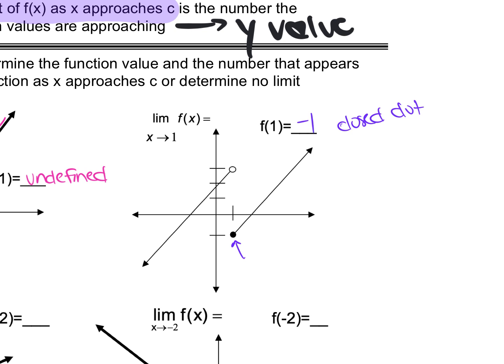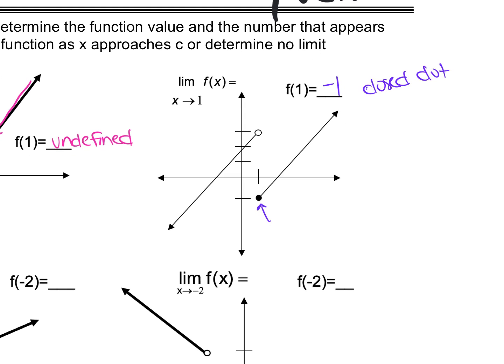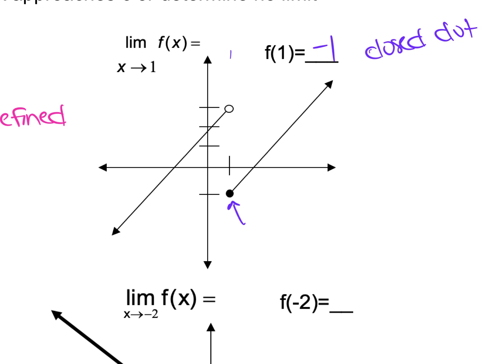But remember, a limit's a prediction that's looking at the behavior of the graph around 1. So just like the last one, I drew these arrows coming in towards 1 from either side, right? So let's talk about that on this one. 1 is right here. If I traced in towards 1 coming from the left, what y value would you say that piece is getting close to? 3.